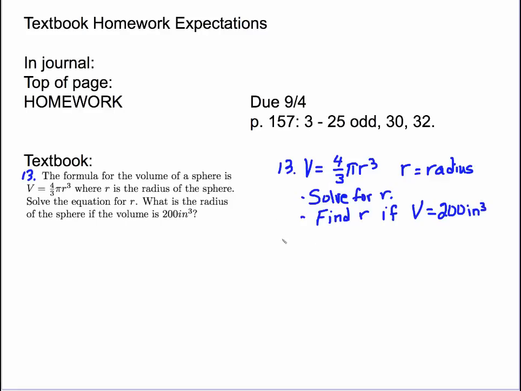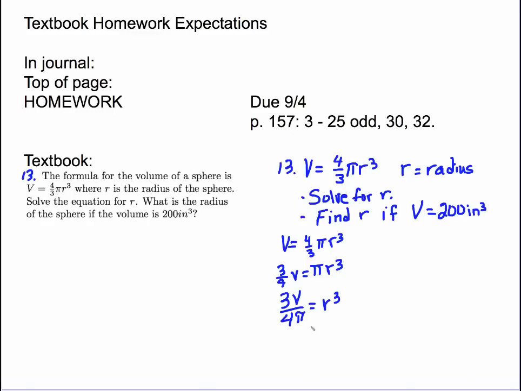Then you would write the following. So V = 4/3 πr³. In this case, you would multiply by 3/4, and you would get 3/4 V = πr³. You can divide each side by π, and then we could rearrange things a little: 3V over 4π = r³.